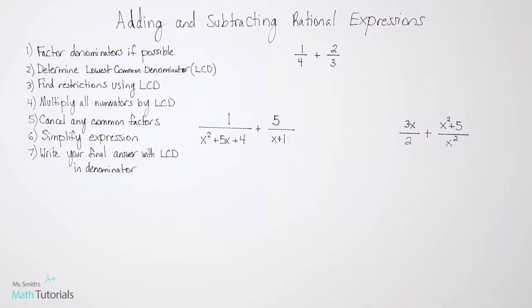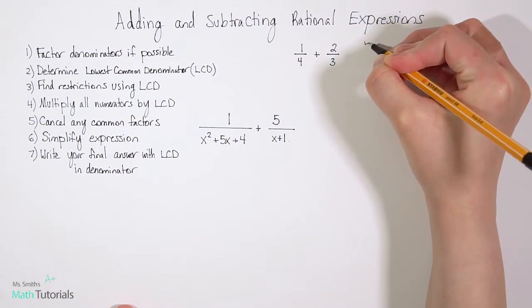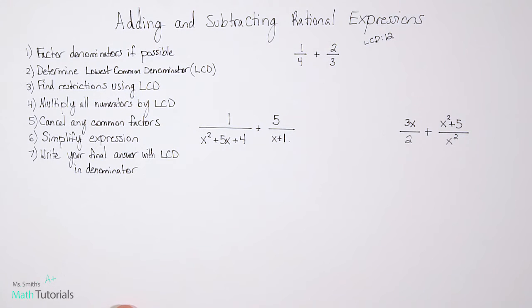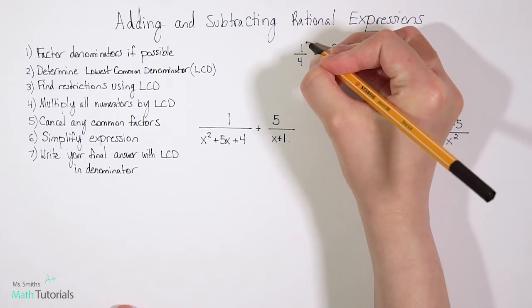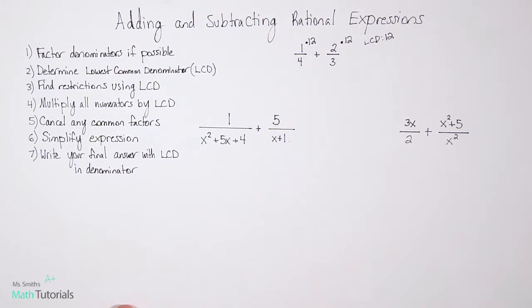And the lowest number they have in common is our LCD, our least common denominator, of 12. We just kind of note that off to the side. And then we can multiply each of the numerators by the least common denominator of 12. So we'd want to multiply 1 by 12 and 2 by 12.